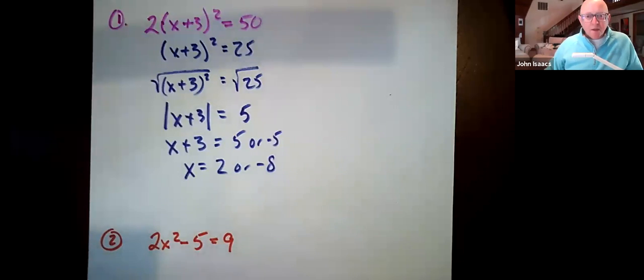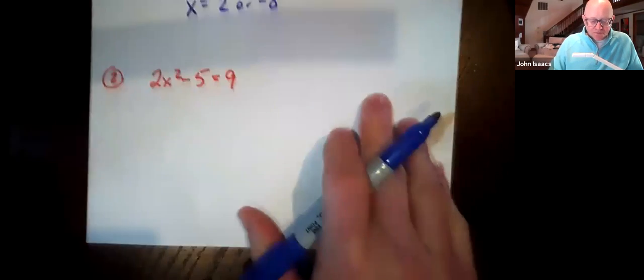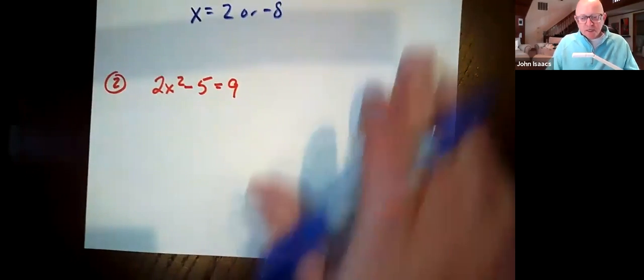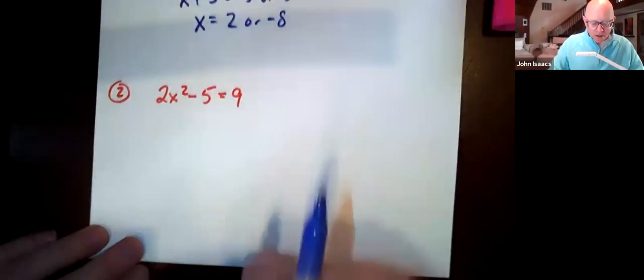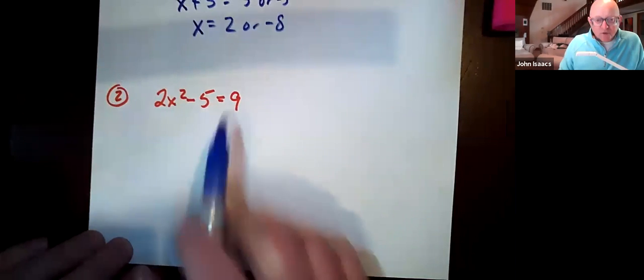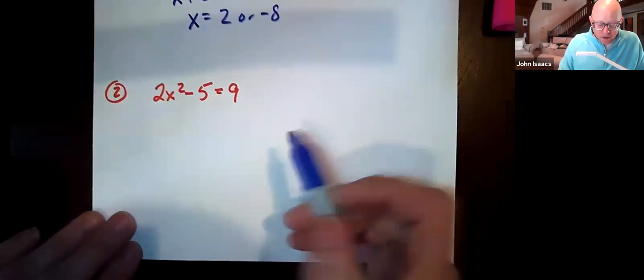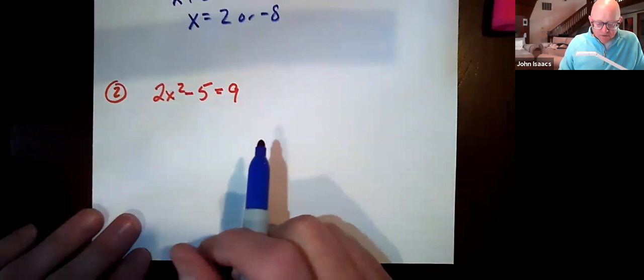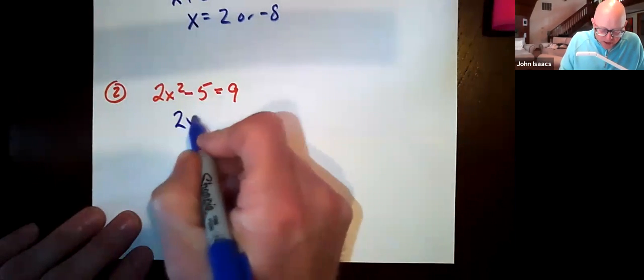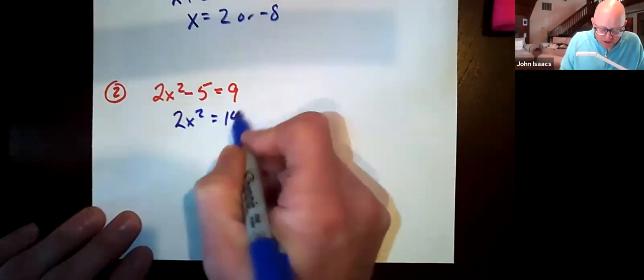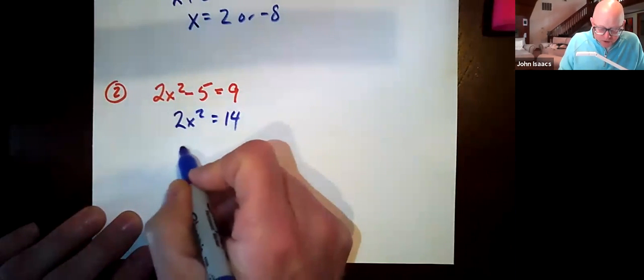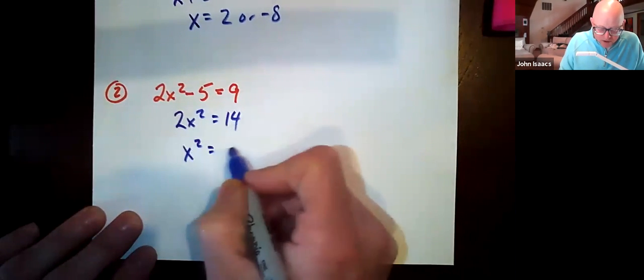All right. Next one. We'll come back to this in a second. So next one says 2x squared minus 5 equals 9. So we're going to add 5 to both sides. So 2x squared equals 14. We're going to divide both sides by 2. So x squared equals 7.